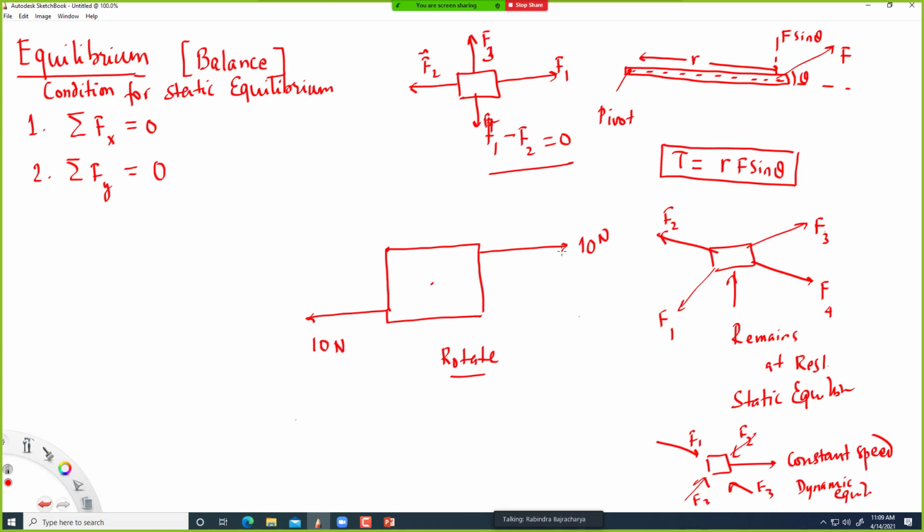This one produces some torque, and this one also produces some torque. So for this object to be in equilibrium, the net torque, the sum of these torques, needs to be 0. Only in that case will you have the object in equilibrium. So that's the condition for complete equilibrium of an object.